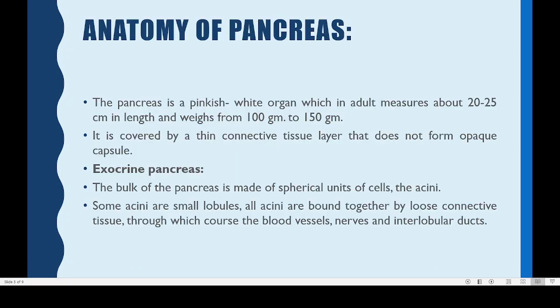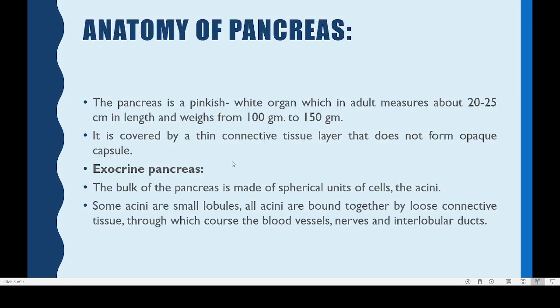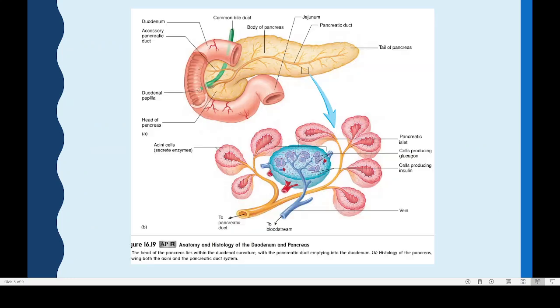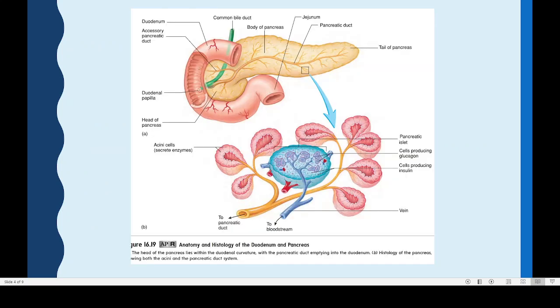So the bulk of the pancreas is made up of spherical units of cells, and these are known by the name acini. Some acini form small lobules. All acini are bound by loose connective tissue through which blood vessels, nerves and interlobular ducts run.